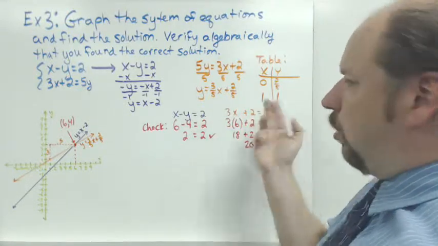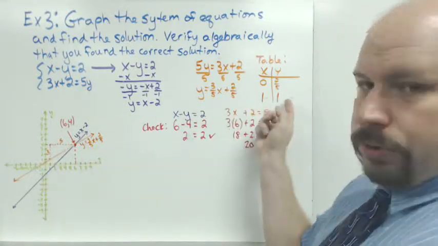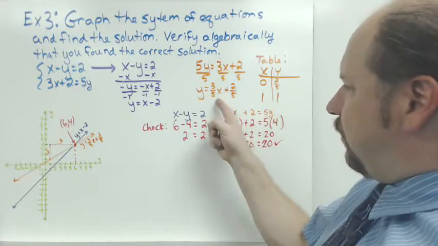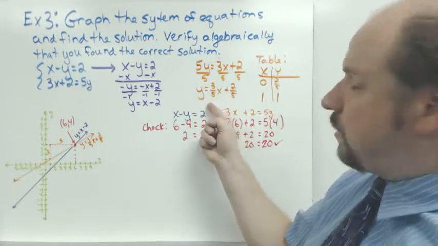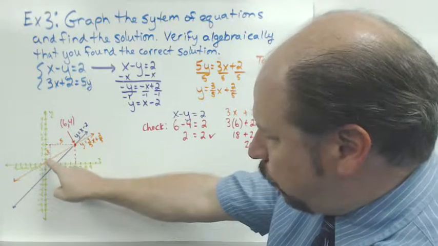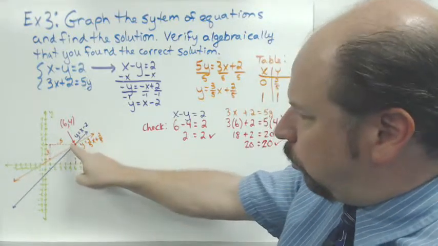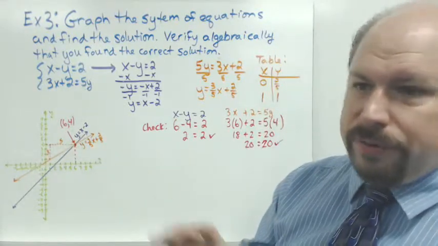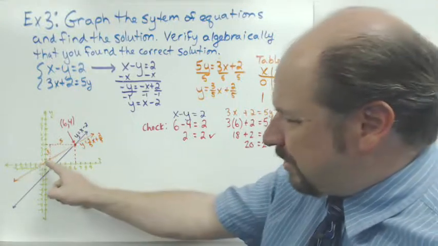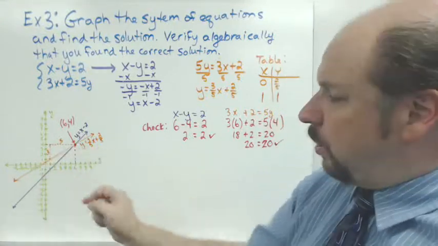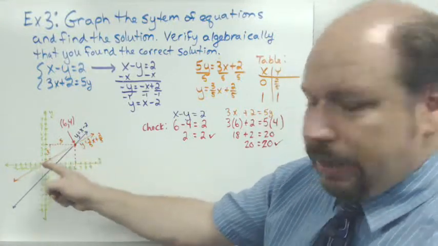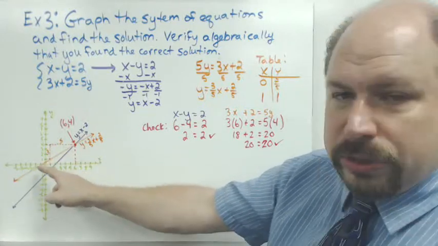So from there, since I found whole numbers for both of those, it's real easy to go from that point and use the slope. From that point, I went up 3 and over 5, and I found another point on the graph that was a little farther away. Because these two are kind of close together, we may not be real accurate with our graph with these 2 points being so close.